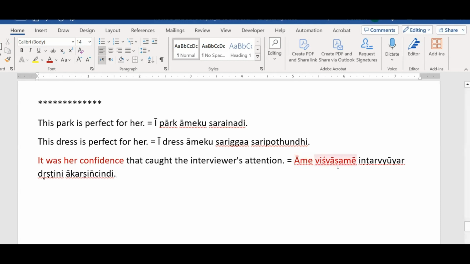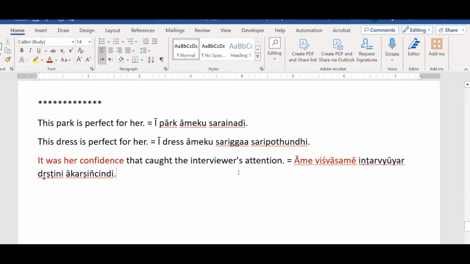But why do we write "Viswasame"? The "e" is like an emphatic marker. To emphasize her confidence, we use the "e" sound. "Ame Viswasame". Her house means "Ame illu". If you want to emphasize, this is the house for her or something like that, you need to say "Ame ille", with the "e" sound like that.